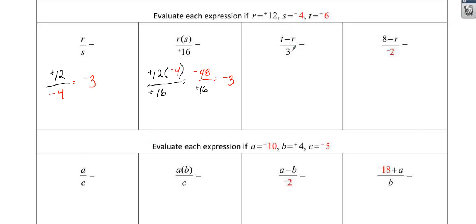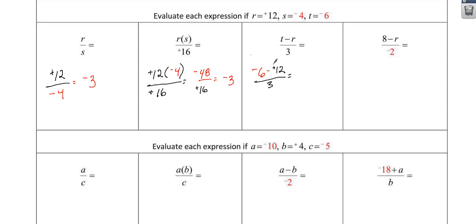T minus R divided by 3. So T is -6. So I have -6 minus positive 12 divided by 3. I'm going to change this to an addition problem.